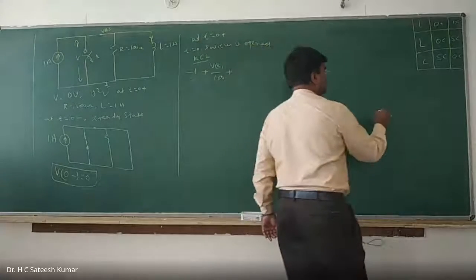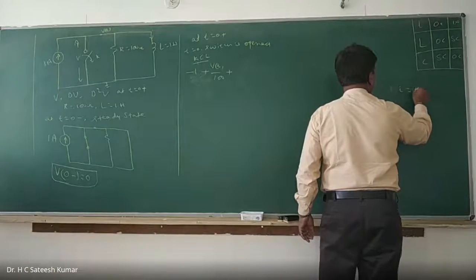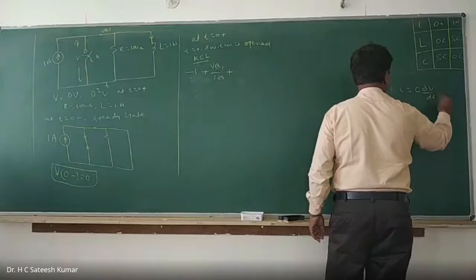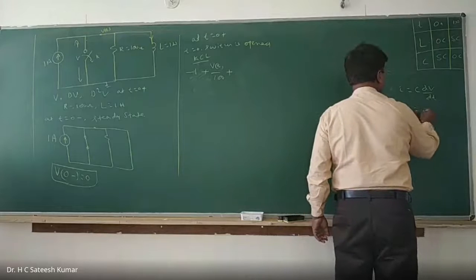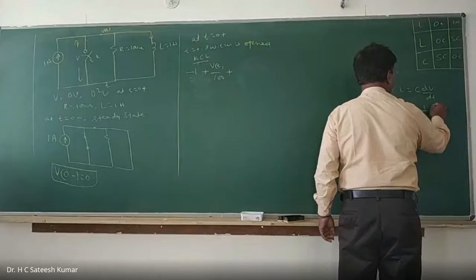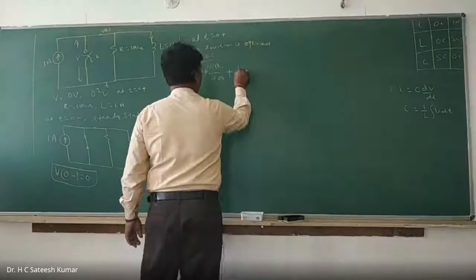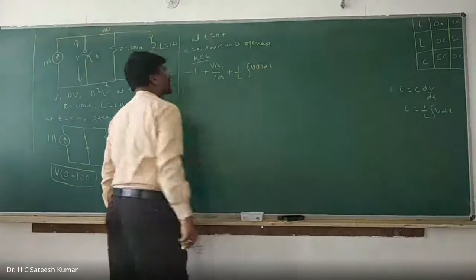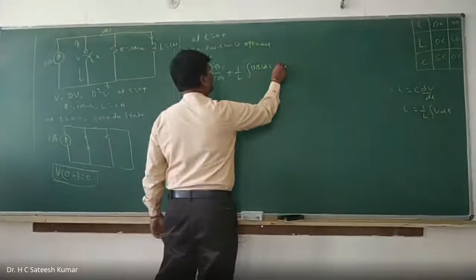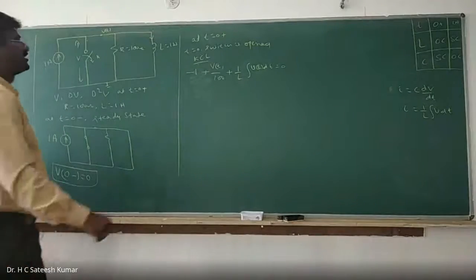We all know that in a capacitor, I is equal to C into dV by dt. And similarly, the current for the inductor is 1 by L into the integration of V dt. So therefore, 1 by L into the integration of V of t dt is equal to 0. We call this equation number 1.